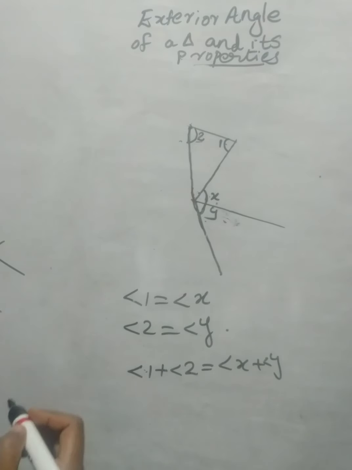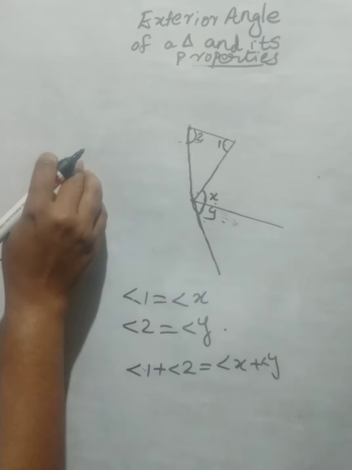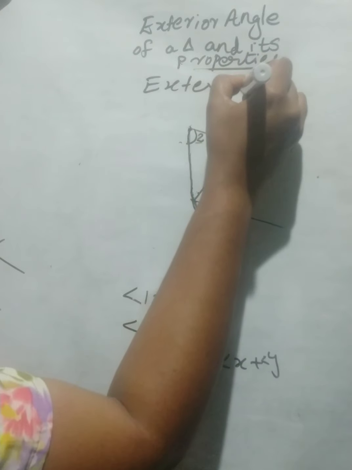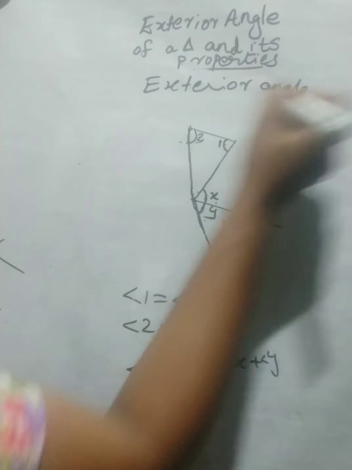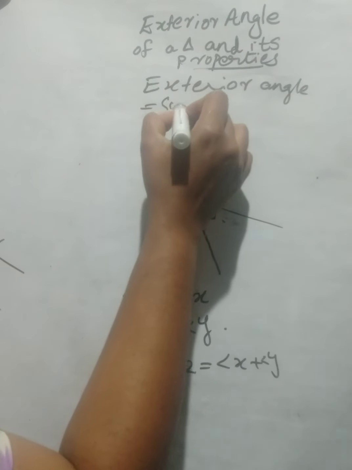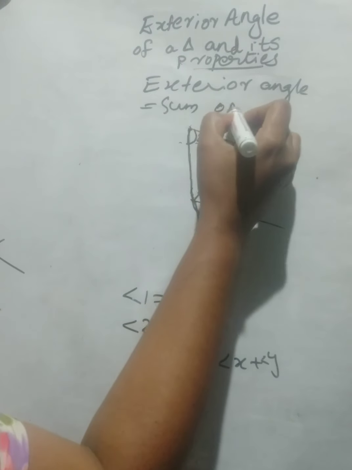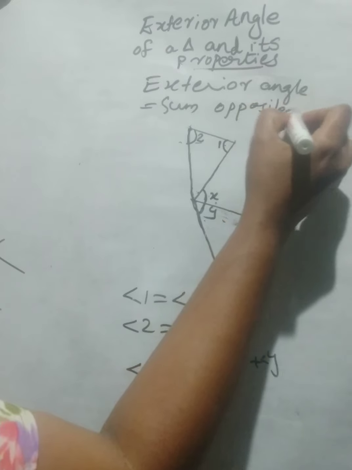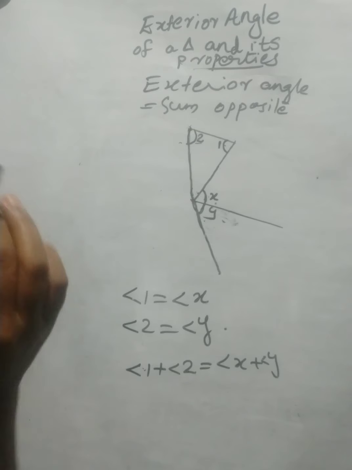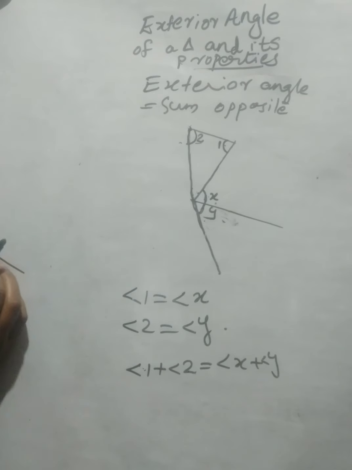We can say that an exterior angle of a triangle is equal to the sum of its interior opposite angles.